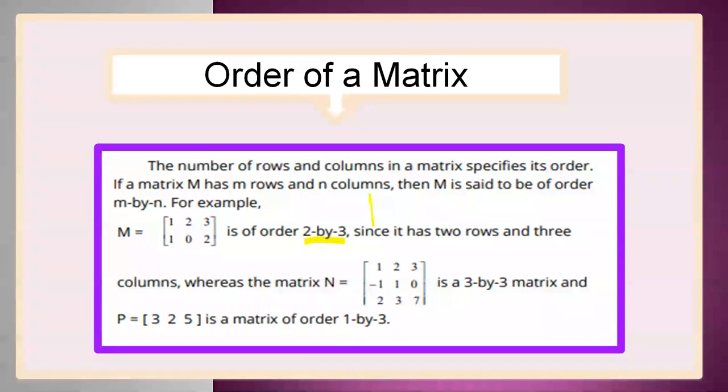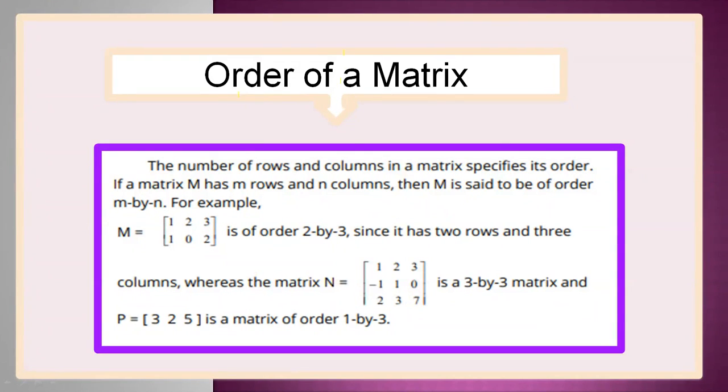First, you have to note down the number of rows, then put the multiplication sign and show the number of columns there. There is no need to actually multiply; this number will just indicate how many rows, and this number will indicate how many columns. So how can we write the order of a matrix?